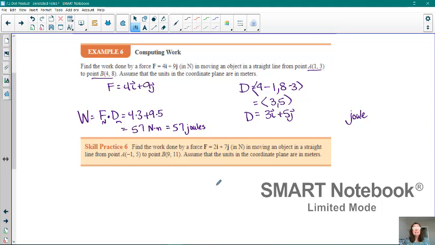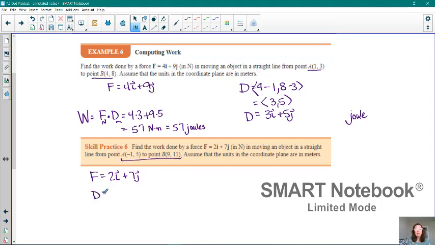All right. Let's take a look at another example. Very similar. So we've got our force vector in ij form, 2i plus 7j. We need to write our displacement vector in standard position.